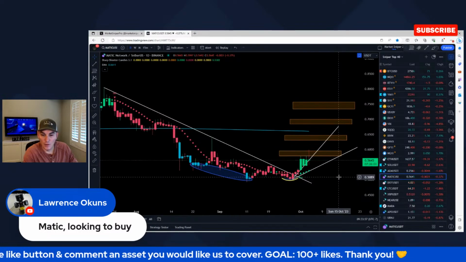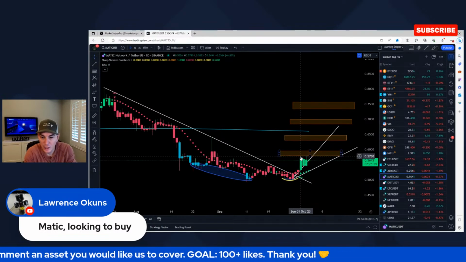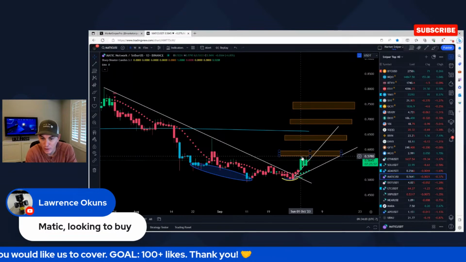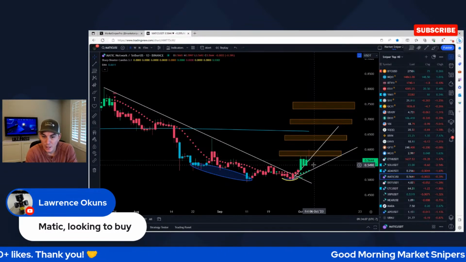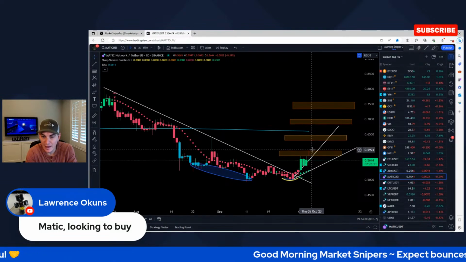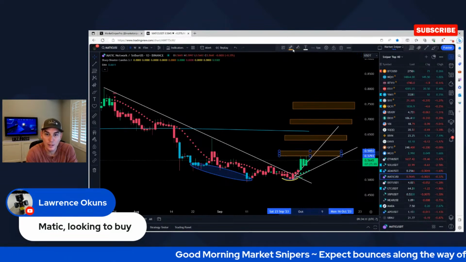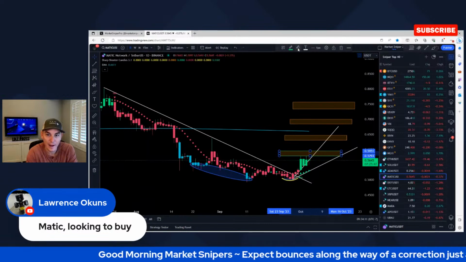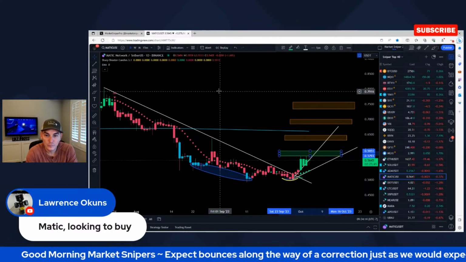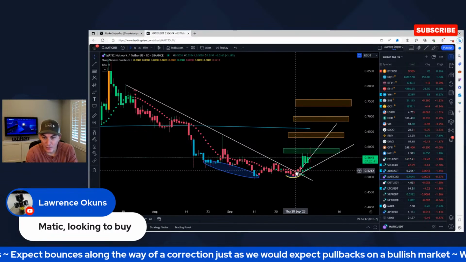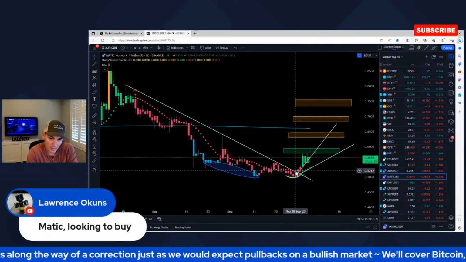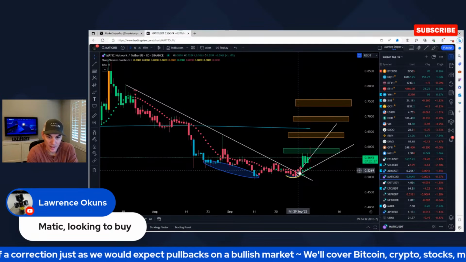So we didn't check off the box of hitting the target, even though it got rejected twice. But today, it spiked down, then spiked up and hit the target. So we're going to check off the target box here on Matic, right? We had a candle close above this downward trend line back here at 52 cents, Lawrence.